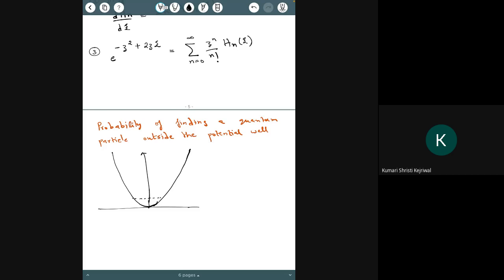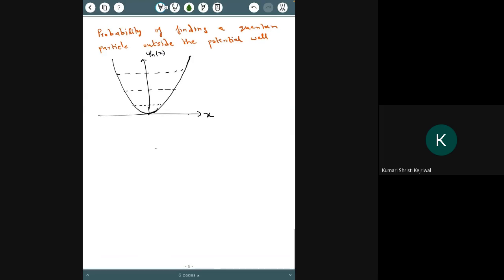Then you have equispaced energy levels. And now I will plot psi n(x) versus x. And then you'll see, if you do the calculation actually, then it looks something like this.